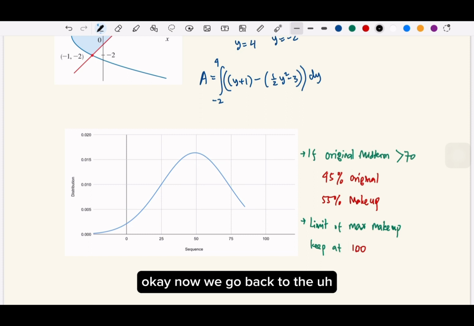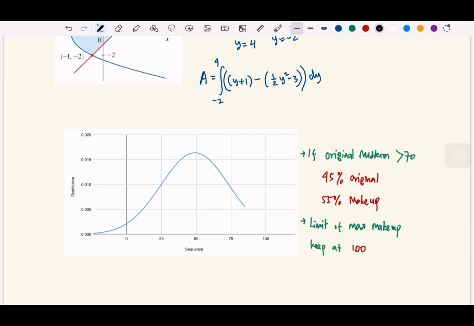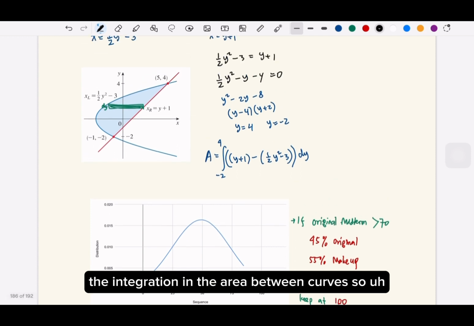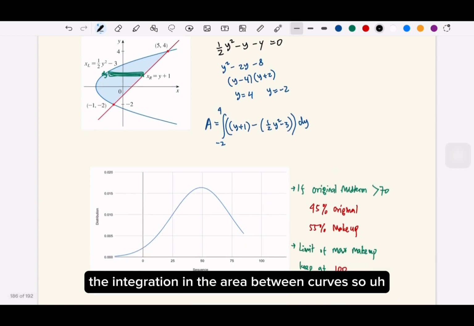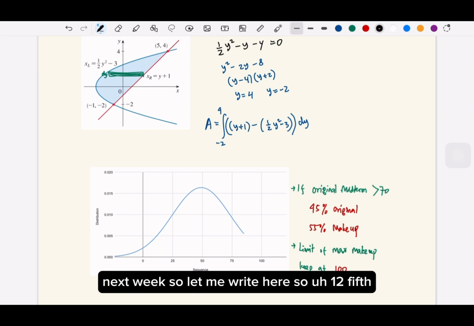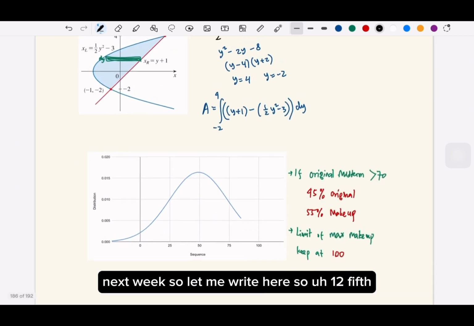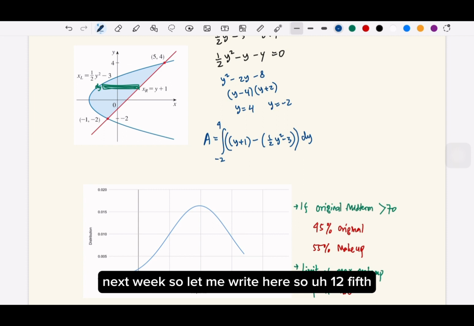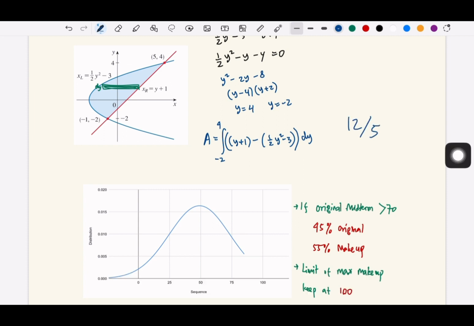Okay, now we go back to the integration, the area between curves. Next week, let me write here: 12, 5th, this will be no class, okay?